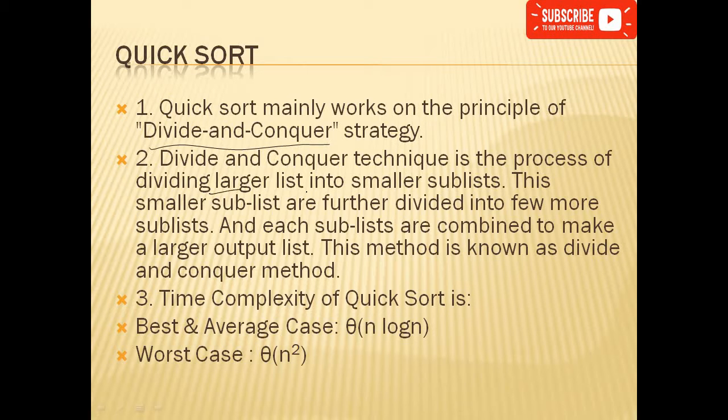It is dividing the large list into smaller sublists, and again these smaller sublists will be divided into a few more sublists. After dividing the larger list into sublists, it will perform the sorting, and then these sublists will be combined to make the larger output list.